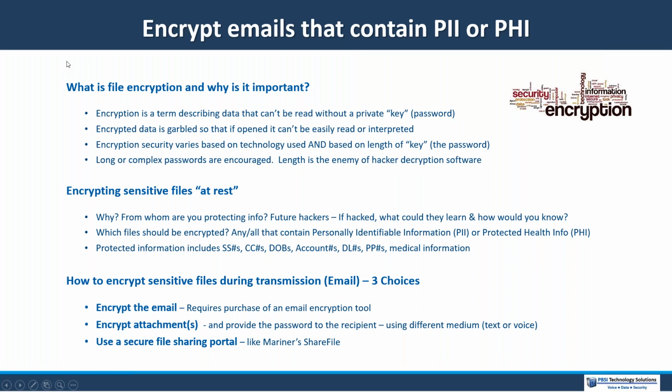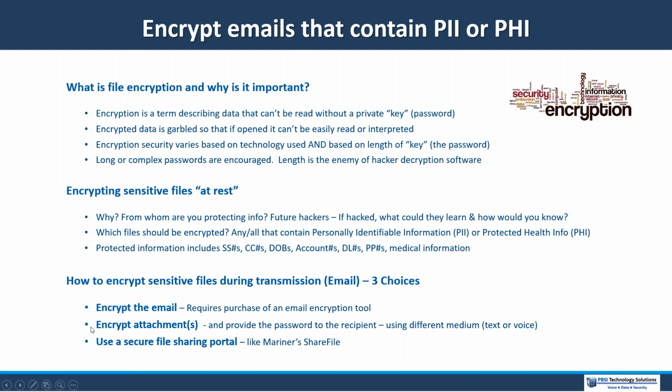So what is the answer then? We may not send emails without encryption. So don't do it, or there are three options that you have. Encrypt the email, and I'm going to show you a short option how to do that with Microsoft Exchange Online, where you pay $2 a month for the ability to send encrypted emails with a click. Or encrypt attachments. We have a document that shows how to encrypt any Microsoft Word or any PDF document.